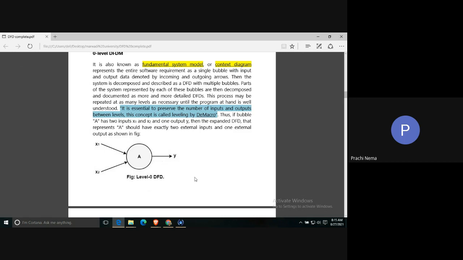Now what does the rule say? This is just the understanding part of this diagram. A is a process because it is represented by a circle.